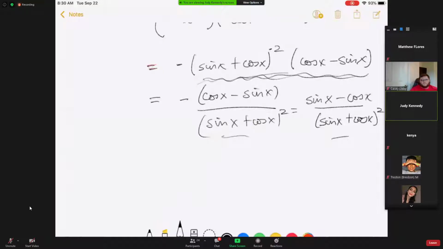And this one doesn't involve trig functions. Y is equal to 1 minus x to the minus 1, all raised to the minus 1.